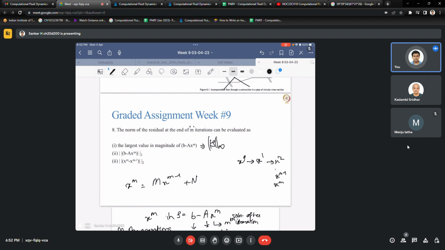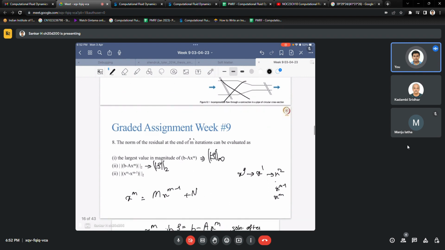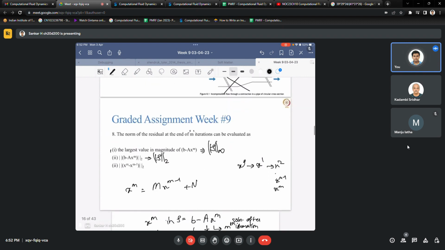The second refers to the second norm of the residual, but the third one doesn't have a particular significance in finding the norm of the residual. So the third statement is wrong over here. Only the infinite norm and the second norm are shown as the first and second option respectively.